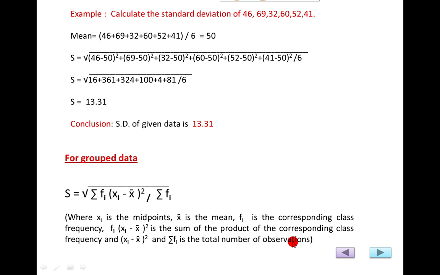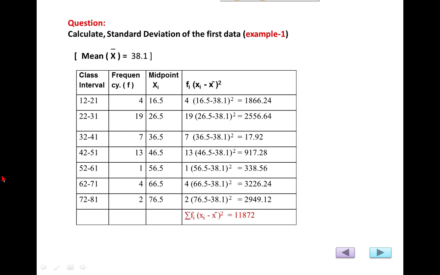Now we will apply this formula to the first data, the air pollution of the 50 observations. You have already used it for mean, median and mode. So this is the given data. The question is: calculate the standard deviation of the first data. Example number 1. This is the mean of the first data. You have already calculated the mean of the first data.